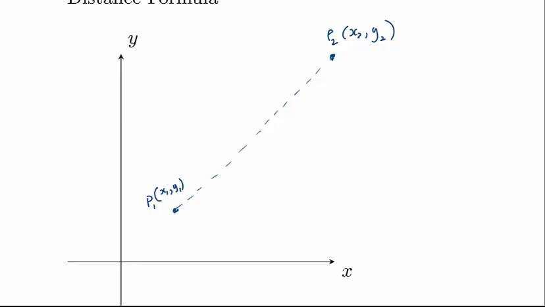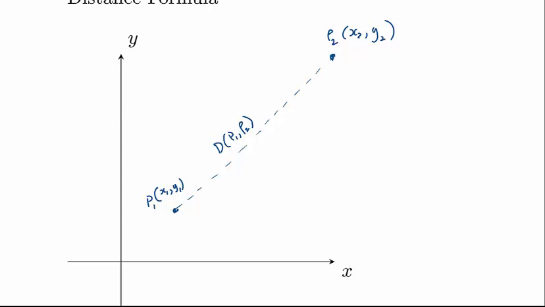So we want to find the distance here. We're going to call this one simply d(P1, P2). So this is going to be the distance between P1 and P2, and that stands for the length of this line.